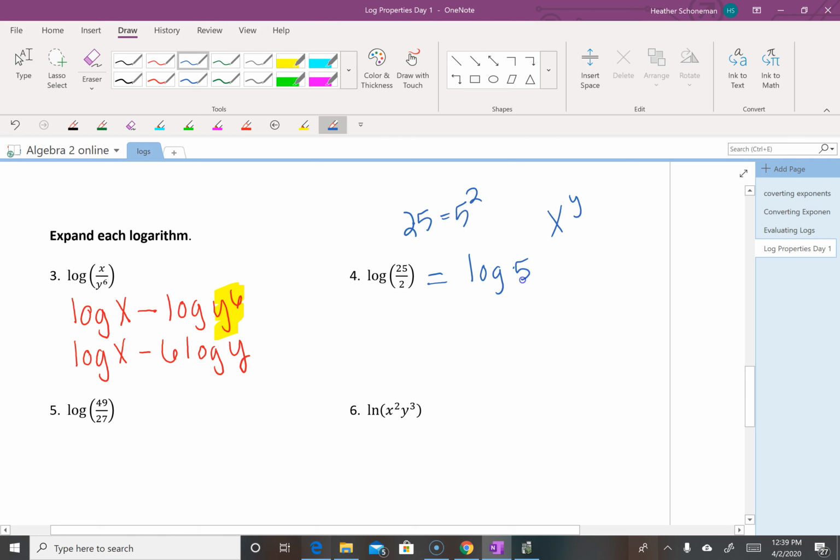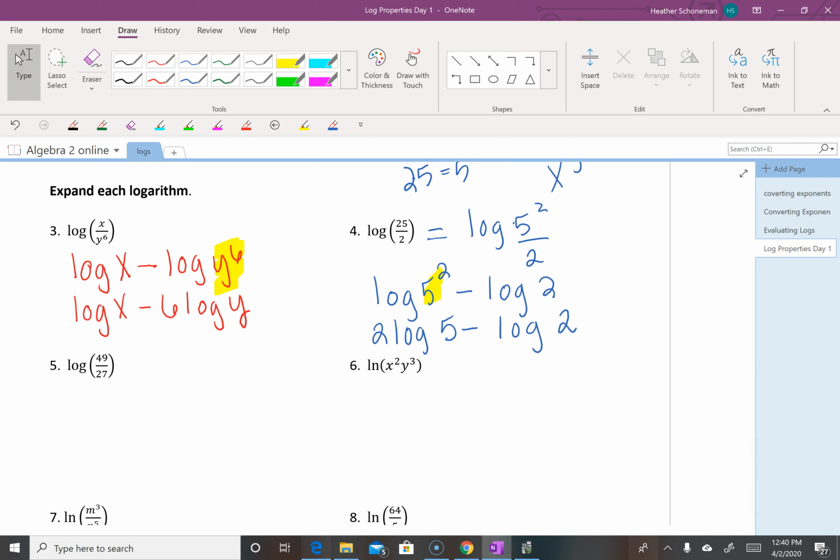So we're going to write 5 squared over, now 2 we can't convert, so it's just going to be 2. So because now it's a quotient problem, it's going to be the log of 5 squared minus the log of 2. But I can fix this one, or I can rewrite that. So that's going to be 2 log 5 minus the log of 2.